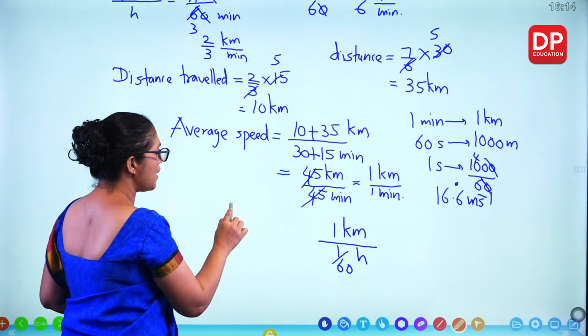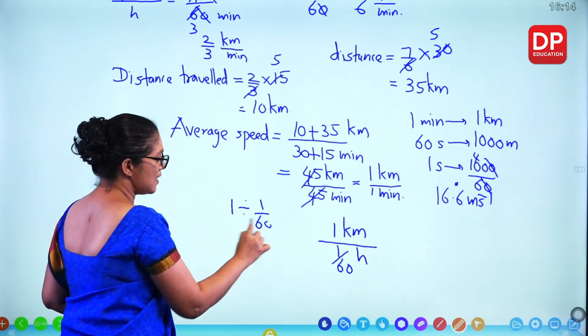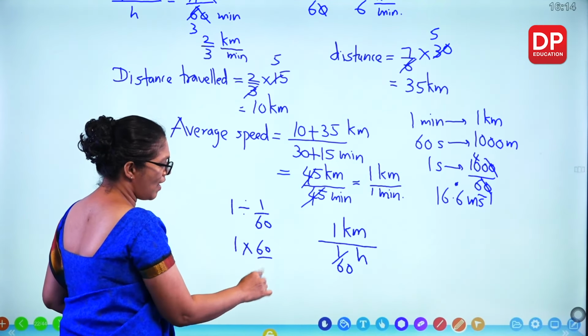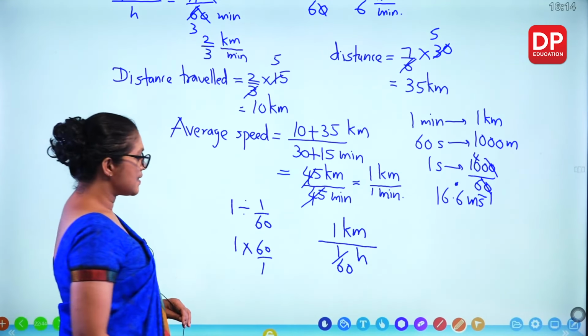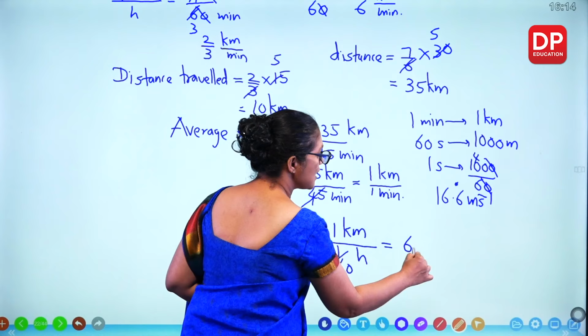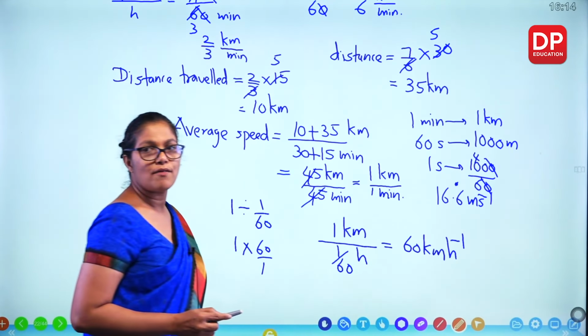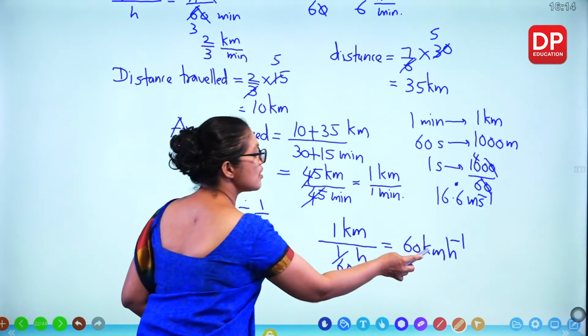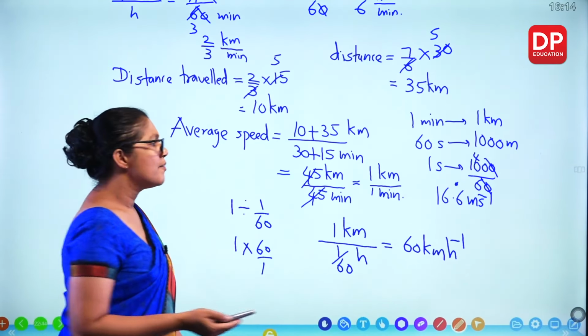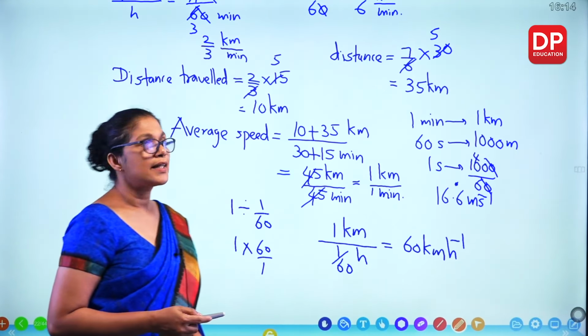So 1 divided by 1/60 means 1 multiplied by 60/1. This is the same as 60 kilometers per 1 hour. So you can answer the question in kilometers per hour or meters per second.